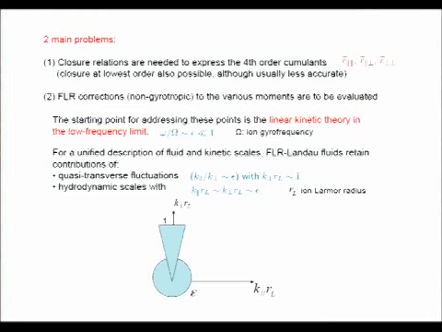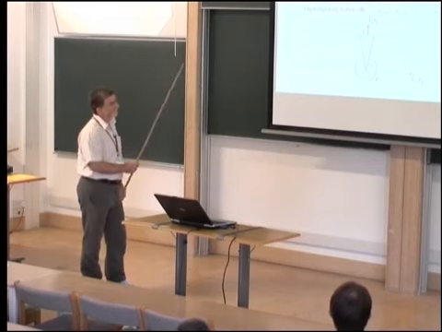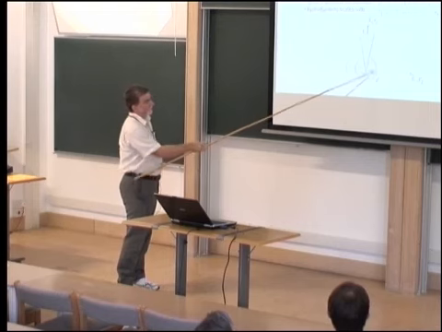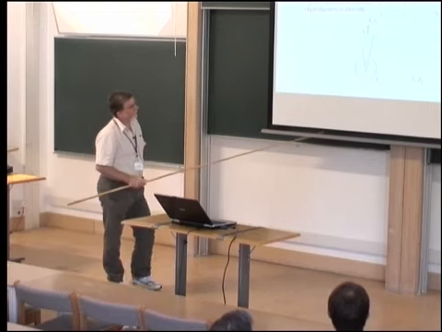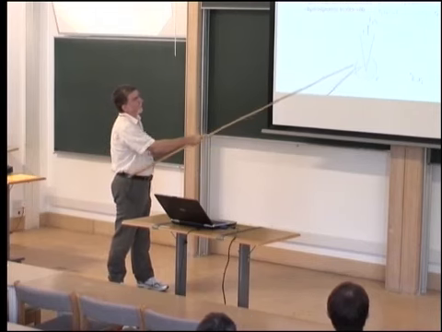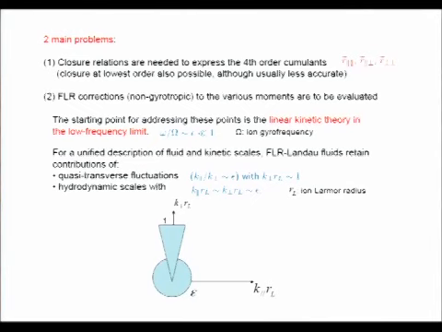You have to have large scales in the parallel direction, as any fluid approximation would require, because in this situation gyrokinetics cannot allow us to go to small scales. But in the perpendicular direction, we have a very good cone of validity up to scales which can go much beyond the ion Larmor radius.